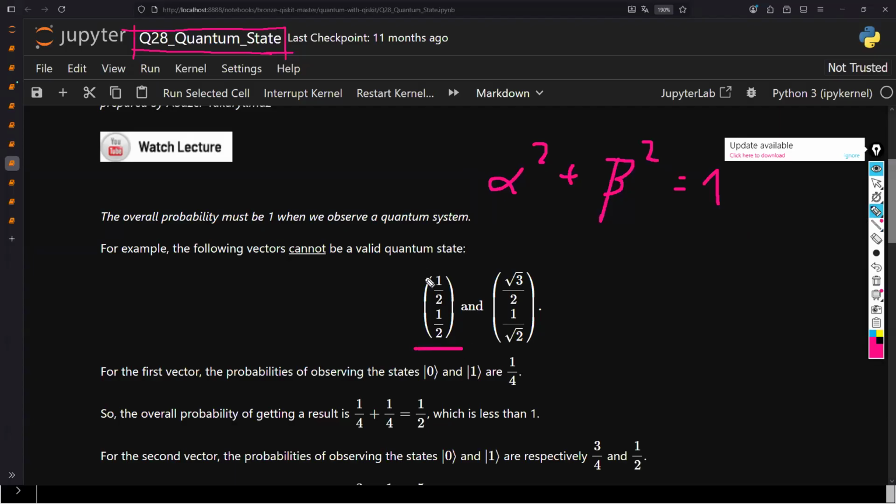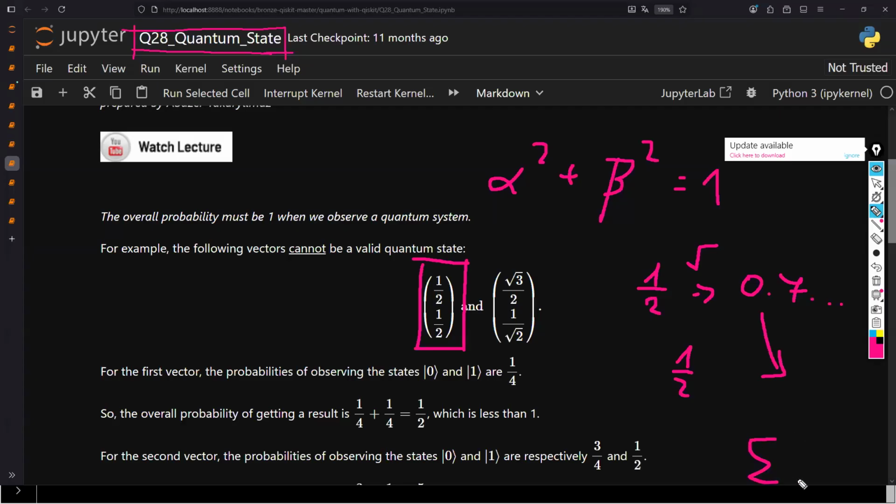These states are not valid because when we see that 1 over 2 is the amplitude, once I take the square root of this, I will have, I think, 0.7 something.